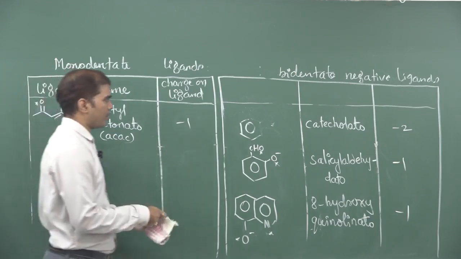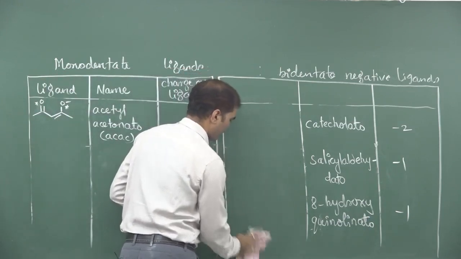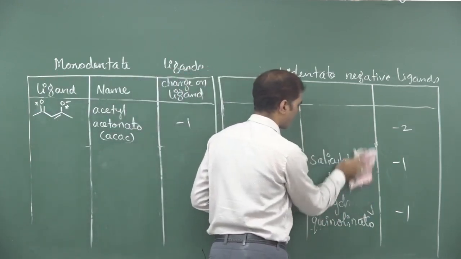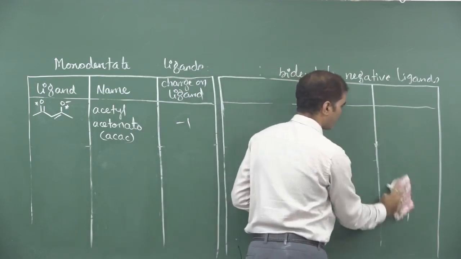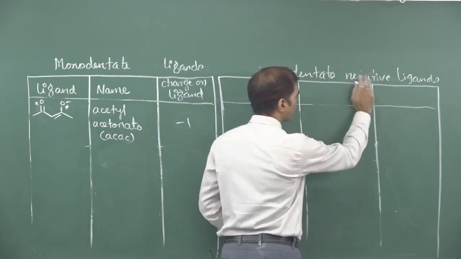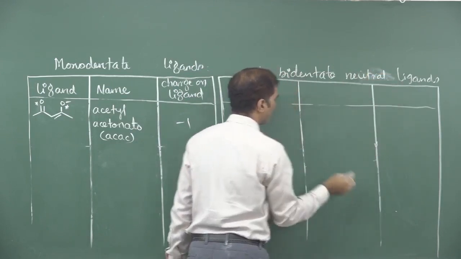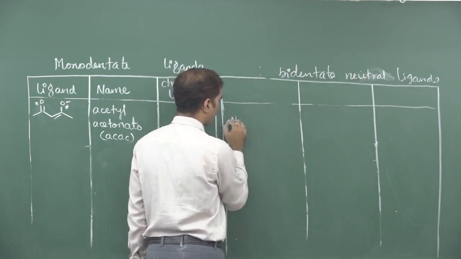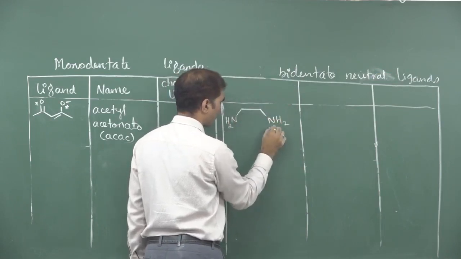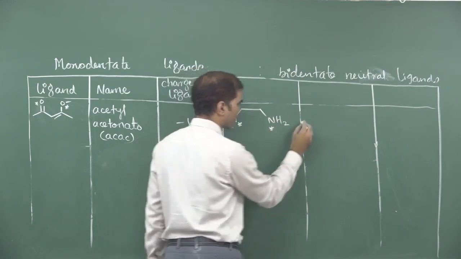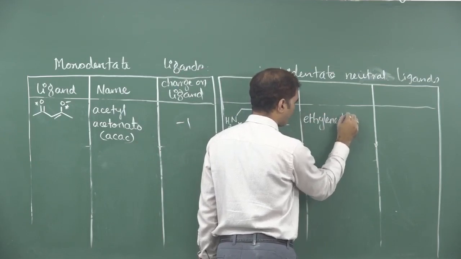Okay, just write down a few bidentate neutral ligands. All these are bidentate negative. Write down some bidentate neutral ligands. The most common one is ethylene diamine.